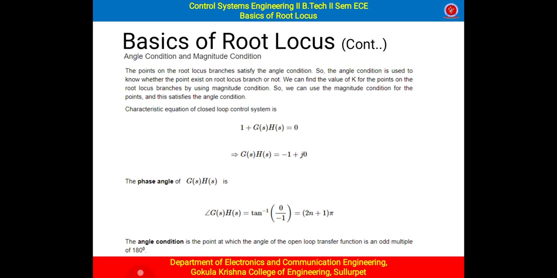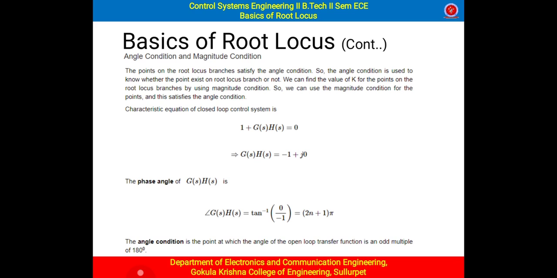Okay, so what is the characteristic equation? 1 plus G(s)H(s) equal to 0. So if you take 1 to that side, it becomes minus 1, and the imaginary part is 0. If you calculate the phase angle of this, what is the phase angle of a complex number? Tan inverse b by a.